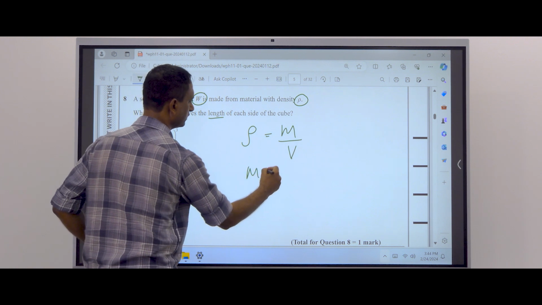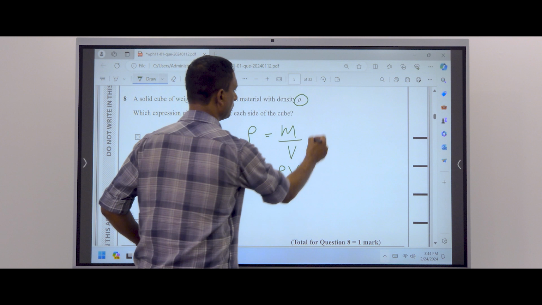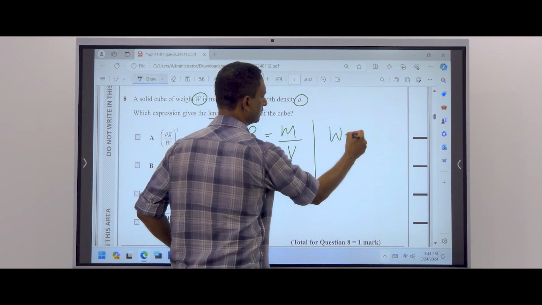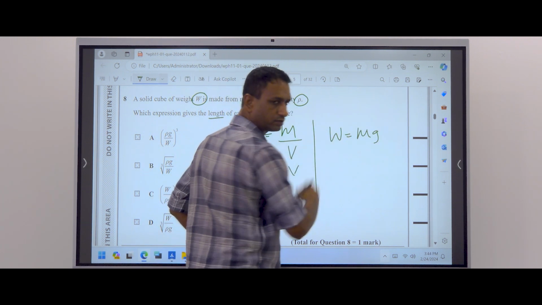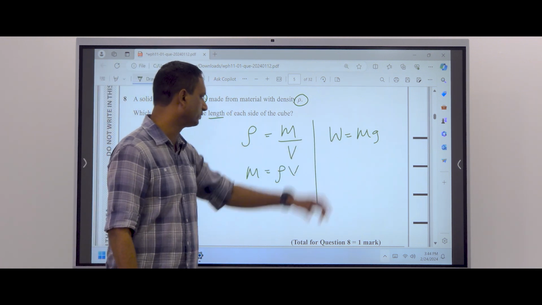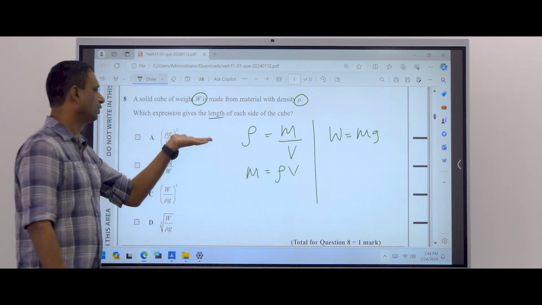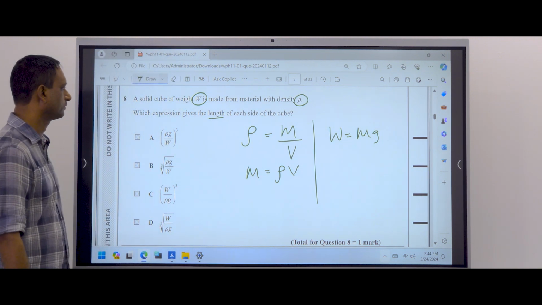Then mass equals density times volume. Then W equals mg. For m we can substitute rho V, but volume is not given.